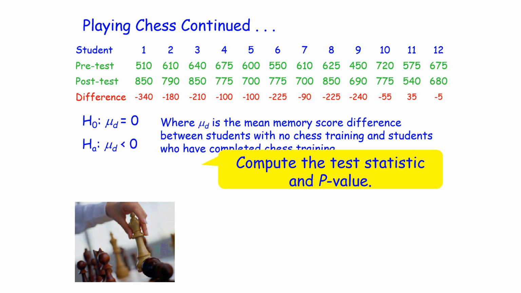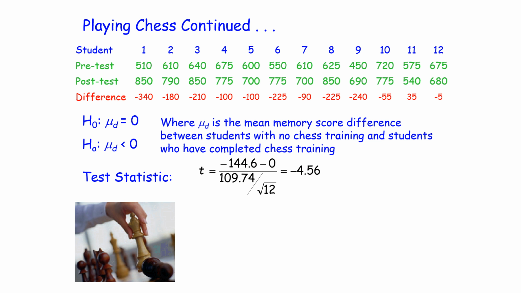Now we're going to compute the test statistic and our p-value. So we'll go ahead and plug in our values, giving us a negative 4.56 for our t-value. Looking that up in the table, or using our calculator, gives us a p-value that's approximately 0.